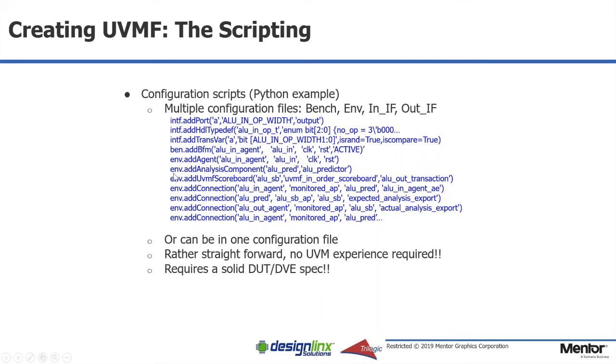If we take a look here, we can see that somebody has created an interface called INTF dot, and after the dot you can add ports, you can add typedefs, you add transaction variables that you can declare as true, as random, or to be compared automatically.